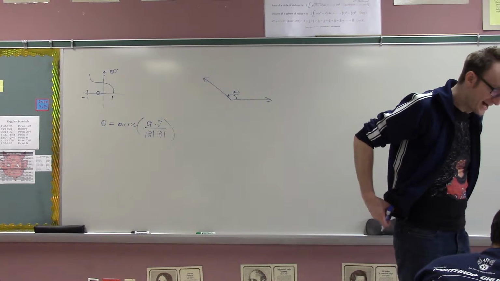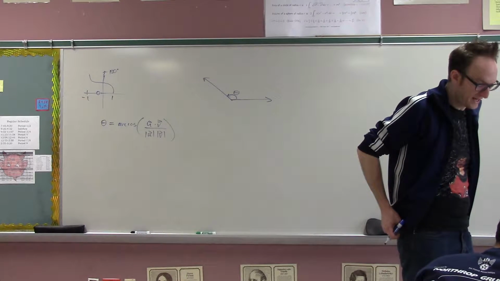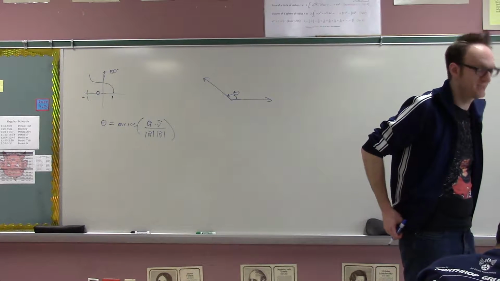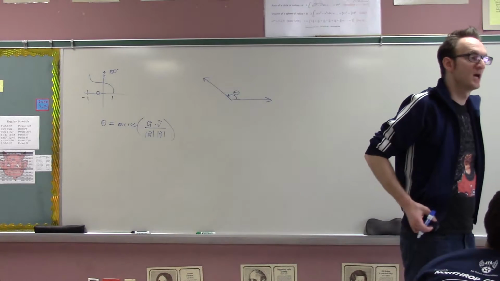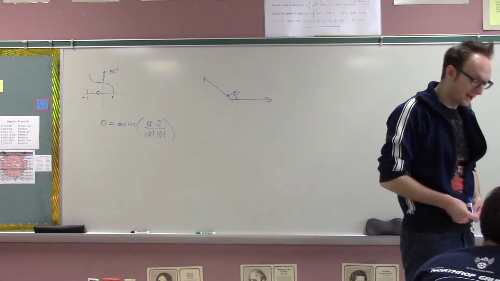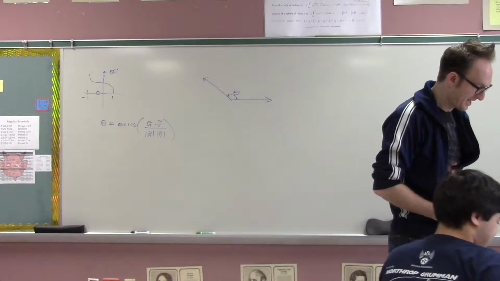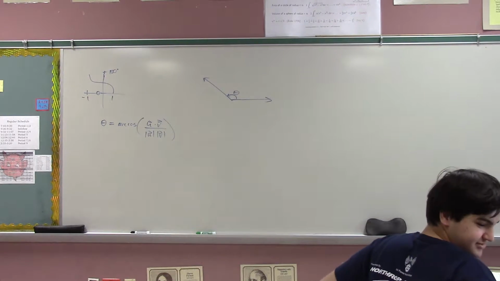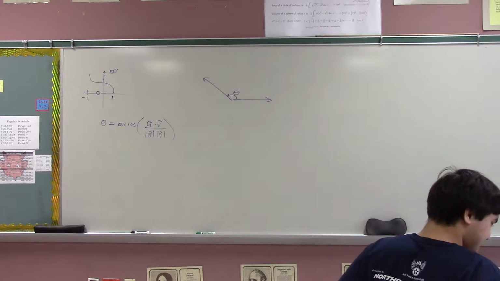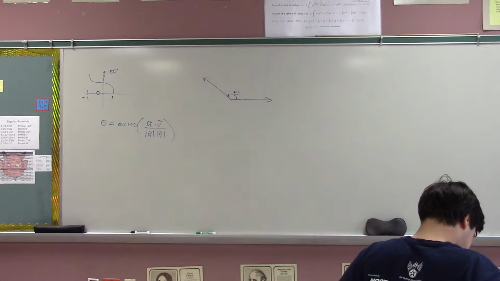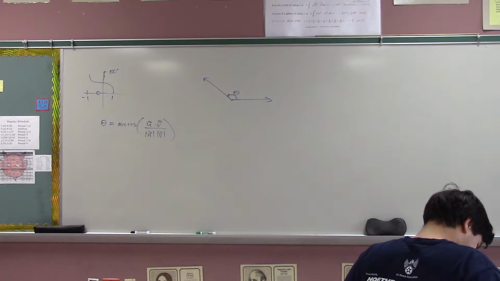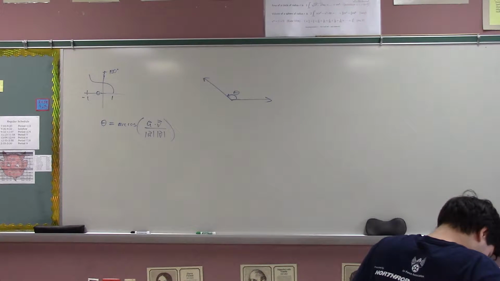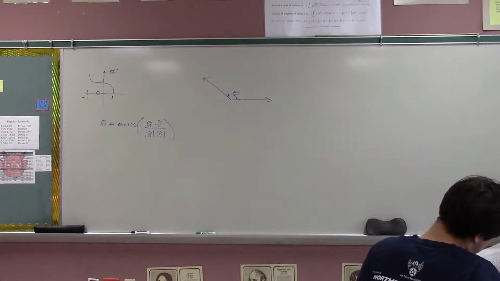Great. Alright, let's do a thing. Take out your packet called Giant Packet on Vectors. There's a thing that I thought we could do together that ties together some of the stuff that's going on.